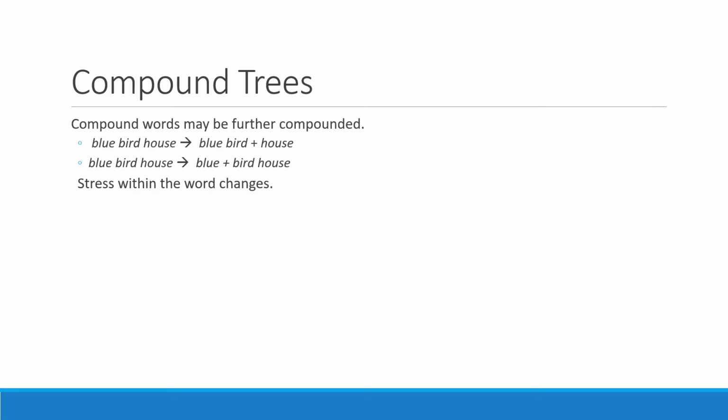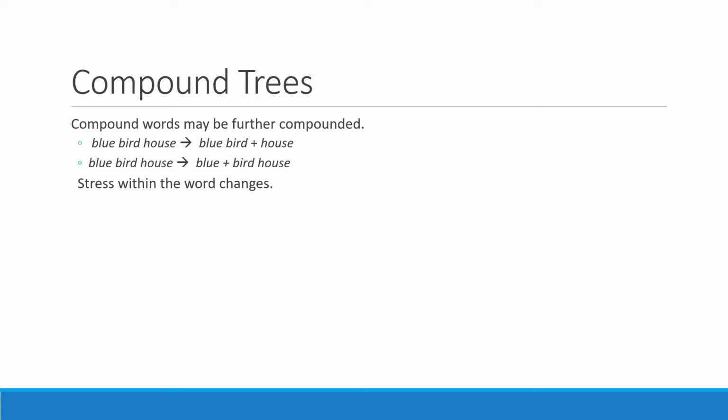Compound words can actually be further compounded too. So bluebird can be compounded with the word house, and birdhouse can be compounded with the word blue. But the stress changes with those words. So think about if I say I have a blue birdhouse, then that means that I have a birdhouse that is blue.